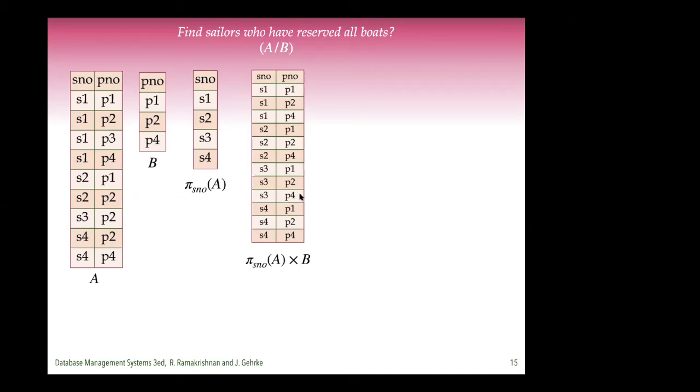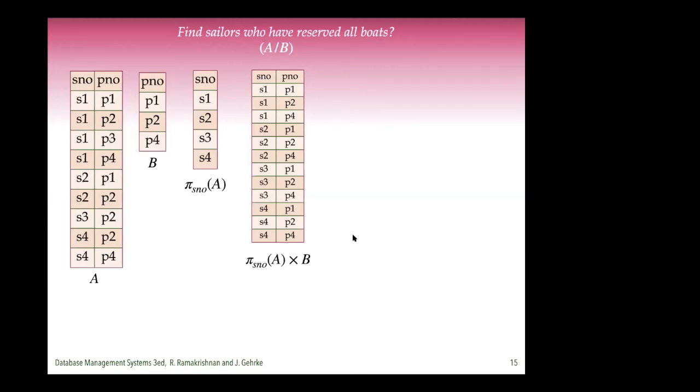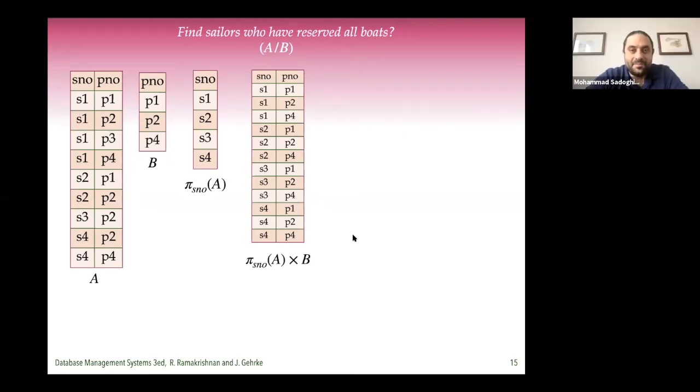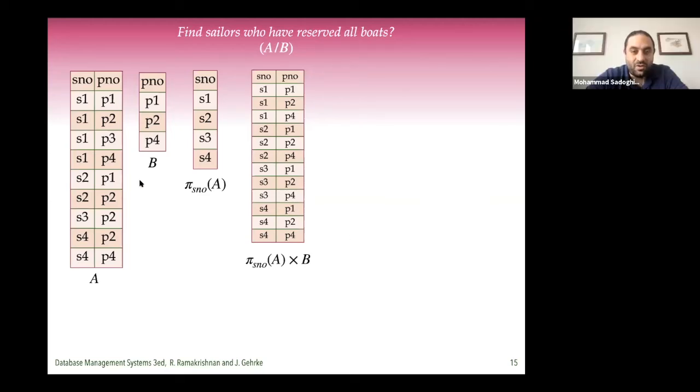Yeah, so I guess we can do some type of relation between the one that we created and A to get S1, because S1 is the sailor that reserved all the boats. Okay, so what would our next step be? Is everybody seeing that our goal was to find all sailors who have reserved all boats?